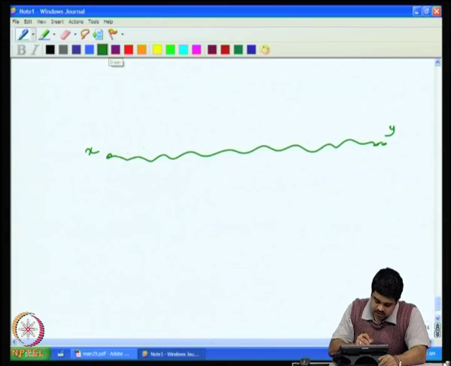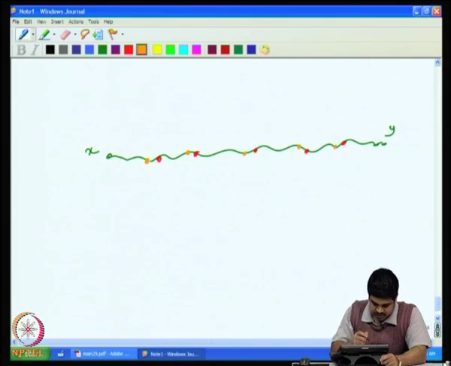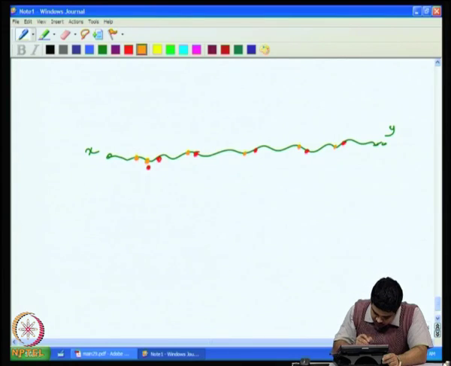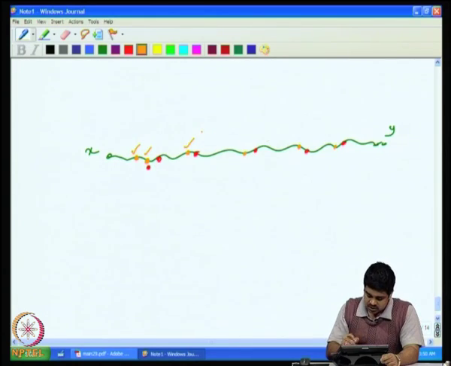If you consider the red vertices as the neighbors of x, and let the orange vertices be the vertices which are just behind the red vertices. It does not mean that this orange cannot be red, it can be red and orange together, but in that case there will be one more orange behind this, that is all. We are just considering the vertices which are just behind the neighbors of x, and none of these orange vertices can then be neighbors of y.